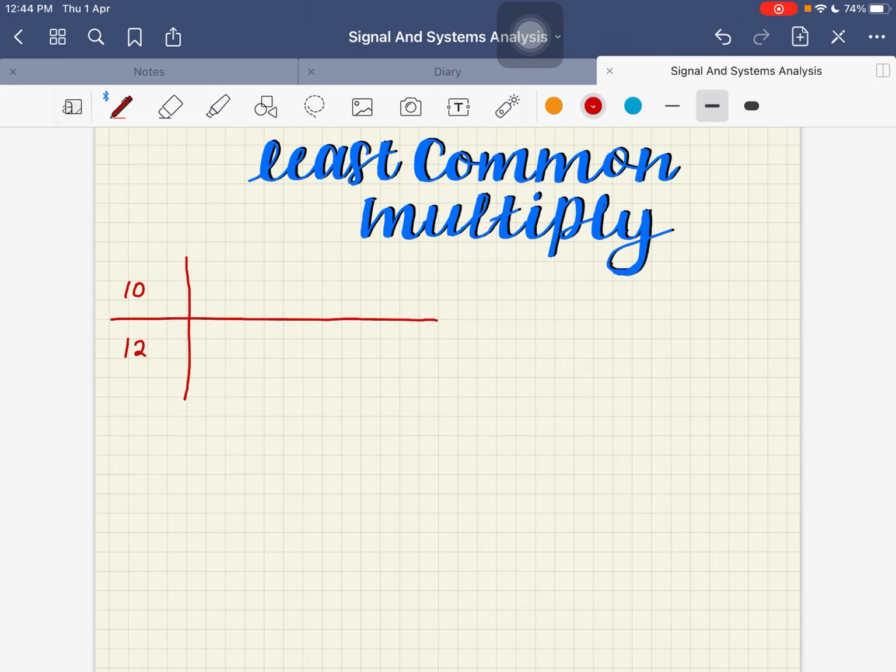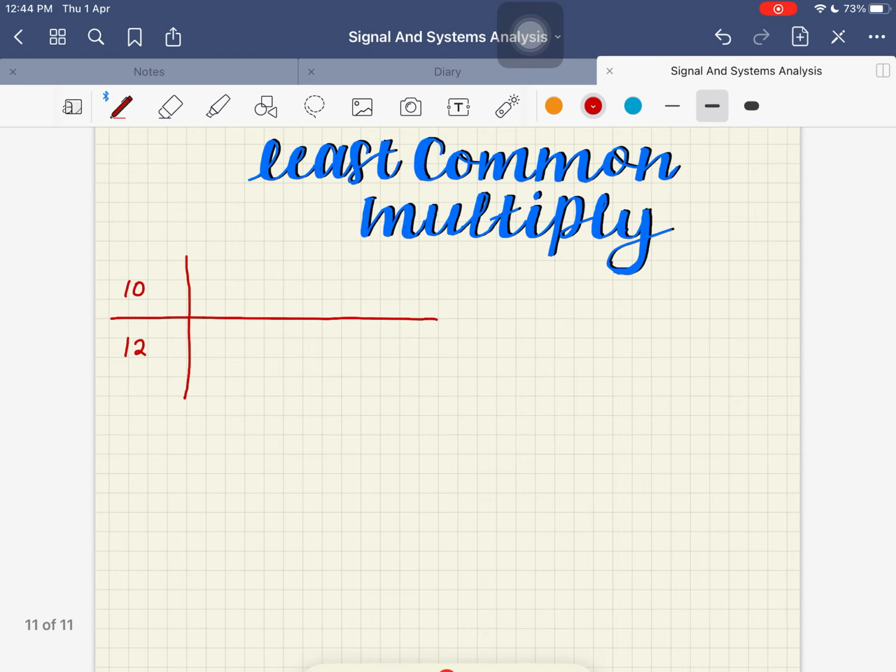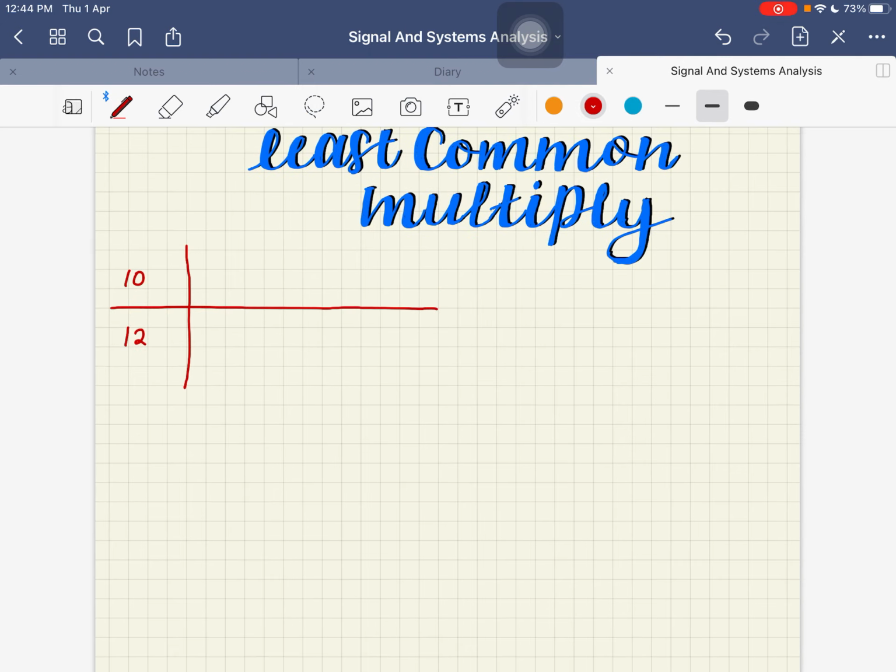The first step is to write these two numbers in terms of their prime factors. Number 10 can be written as 2 times 5, while 12 can be written as 2 times 2 times 3. 2 times 2 is 4, and then times 3 gives you 12.